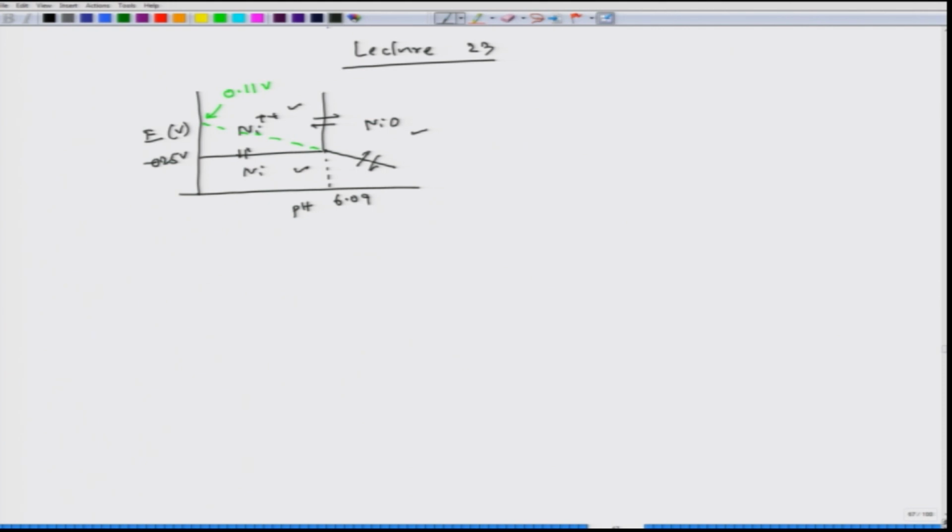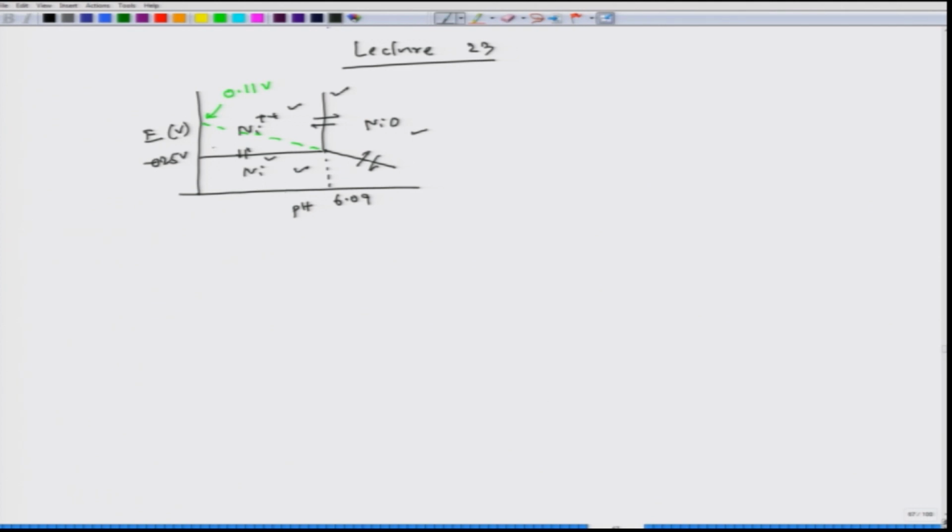Moreover, we could also see that some lines are potential independent. For example, this line belongs to potential independent. Then we have one line which is parallel to the pH axis, that means it is pH independent, but potential dependent.